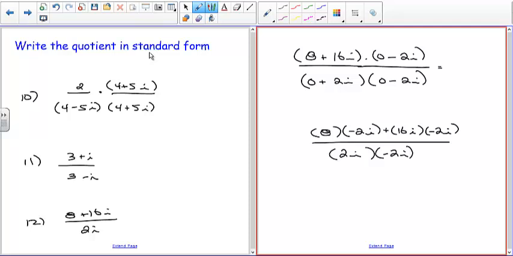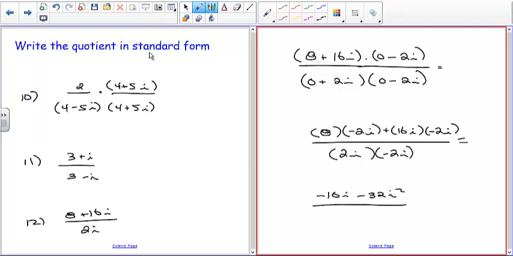So we get two terms, because this 0 gives you just a 0 result. So then we have 8 times negative 2i, so it's negative 16i. We'll have 16 times negative 2, which is negative 32 i squared. 16 times negative 2 is negative 32. i times i is i squared.